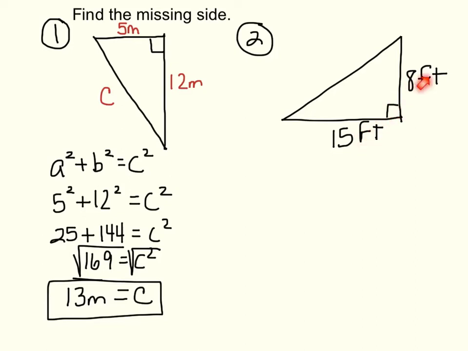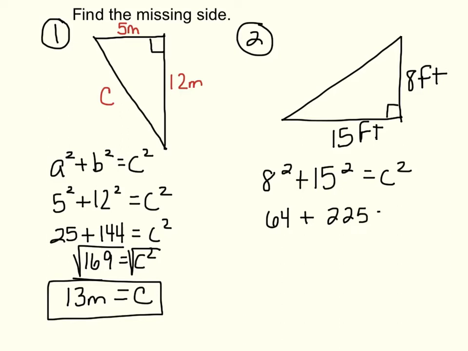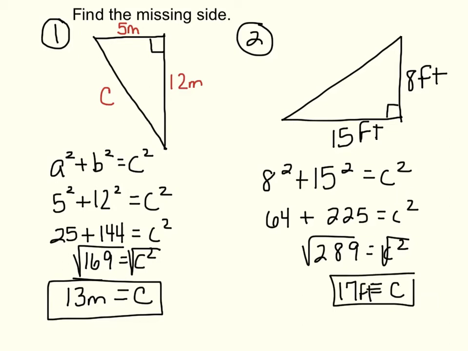That means these 2 are our A and B. The third side we need to find is C. So just plug them in. 8 squared plus 15 squared equals C squared. 8 squared is 64, plus 15 squared is 225, equals C squared. 64 plus 225 gives you 289 equals C squared. We now take the square root of that, and that gives you the value of C is 17, so 17 feet.